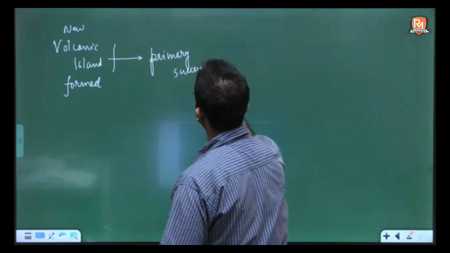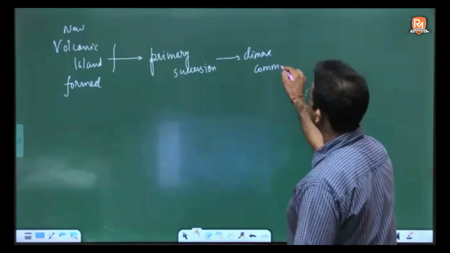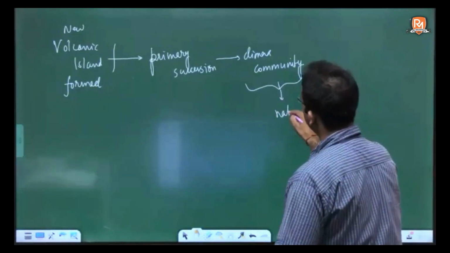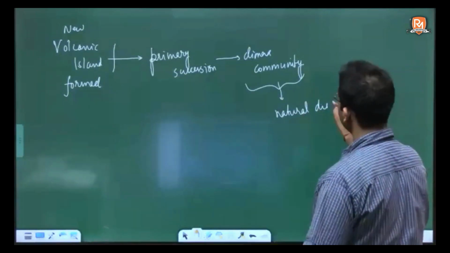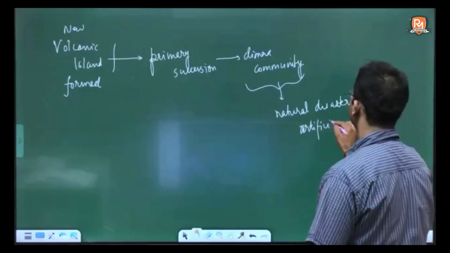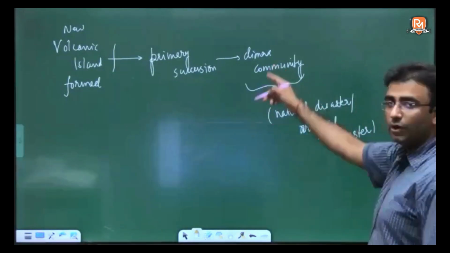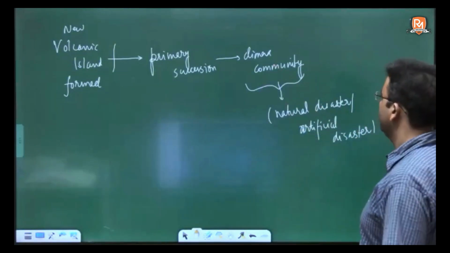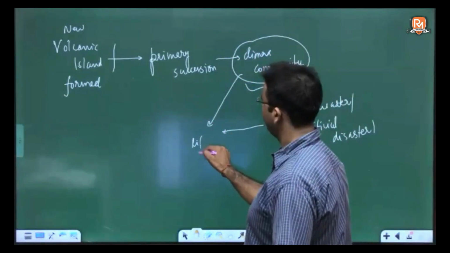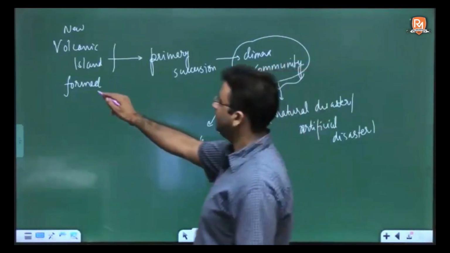And let us say that you have achieved the climax community. Due to a natural disaster or due to an artificial, man-made disaster, the life is vanished from this land.